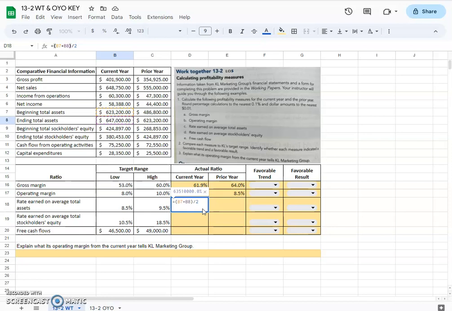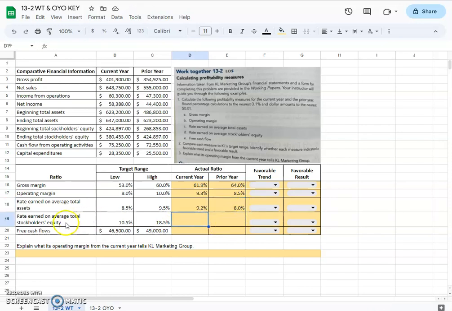All right, so let's put that whole amount in a second set of parentheses, because we've got to divide by our average total assets. And we do net income divided by average total assets. So net income divided by our average total assets here, enter. 9.2%. And we'll carry that over. It was 8% prior year.